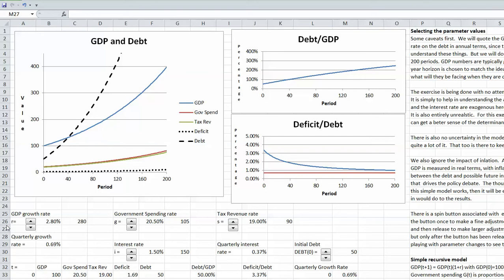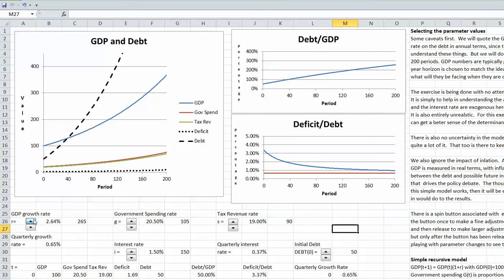Let me begin by looking at the GDP growth rate, R. 2.8% is the annual rate. These periods are taken to be quarters, so this 2.8% is converted to a quarterly growth rate, about 0.69%, and that determines this curve. If you lower the growth rate, let's do that a bit, it grows at a slower rate and shifts that curve down.